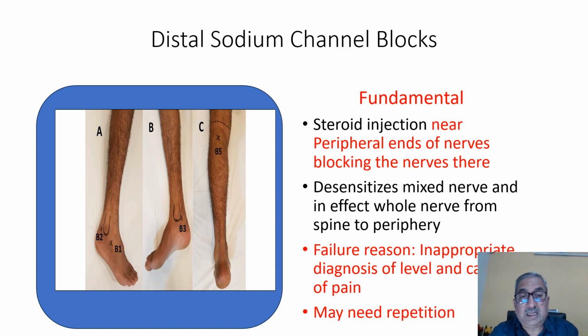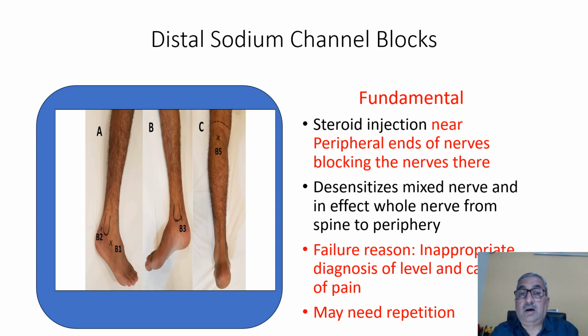There's a theory that the nerve which we see is basically working as a single unit. So either you block it up there in the spine or down there in the periphery, the result should be the same. They have got the results, and I have followed them and got the results.